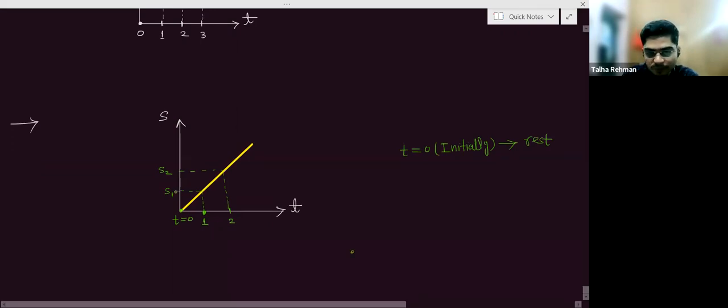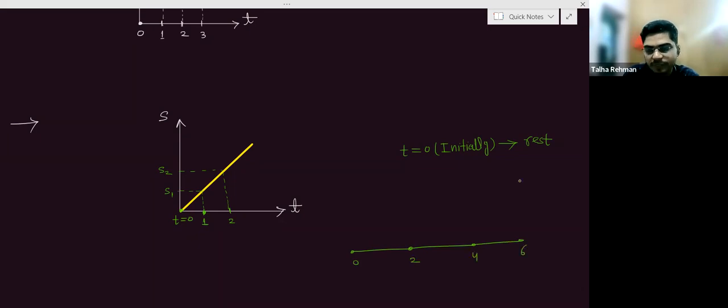Suppose from 0 to 2 seconds it has covered 2 meters, from 2 to 4 seconds it covered 2 meters, and from 4 to 6 seconds again it covered 2 meters.